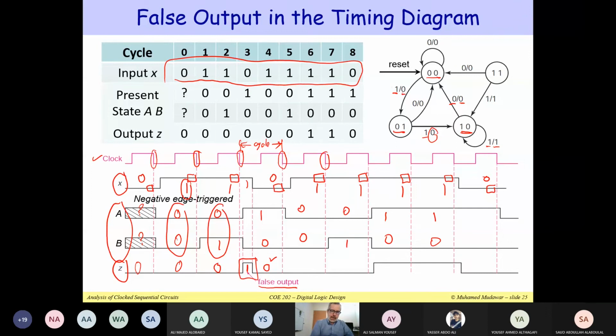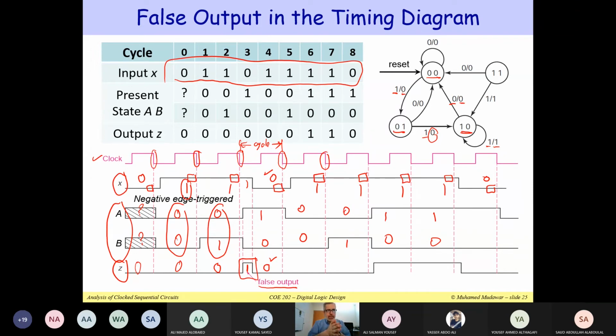When X becomes 0 before the next edge of the clock, you can see that the output is 0, and this shows the true output. So we got this glitch. The output jumped from 0 to 1 and then back to 0. This small pulse is called a glitch. It's a false output. You can get this false output in the case of a Mealy sequential circuit.